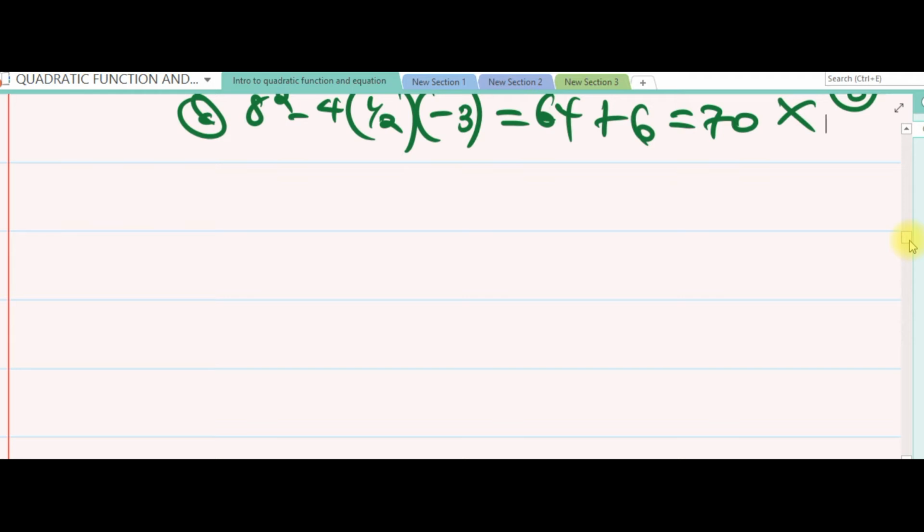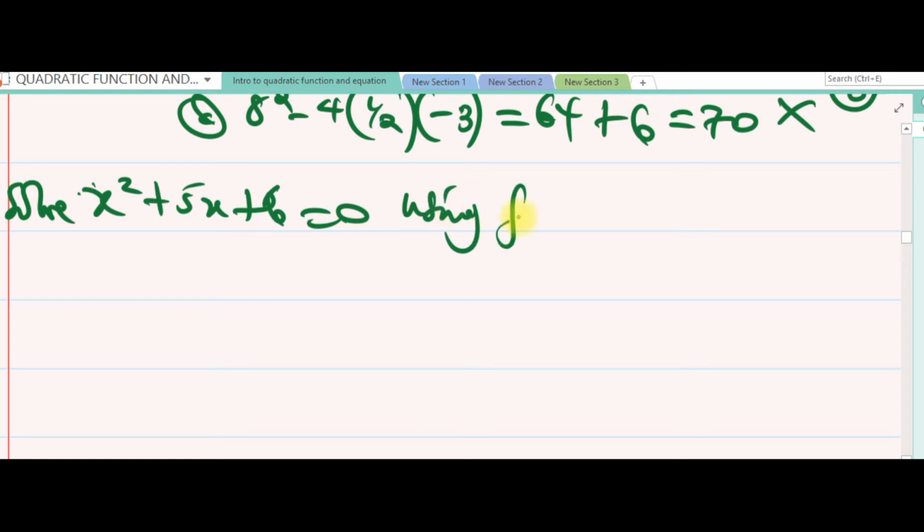Now, if it's factorizable, how do you solve it? Let's solve option B. Assuming you're asked to solve x squared plus 5x plus 6 equal to 0 using the factorization method.